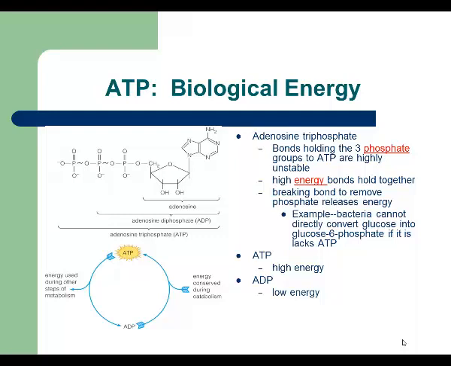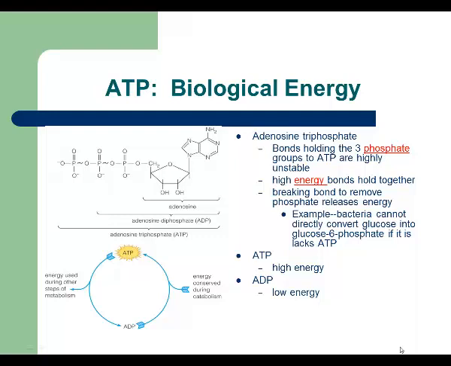When the ATP molecule gets dephosphorylated, it will become an ADP molecule, adenosine diphosphate, which is a low energy molecule.